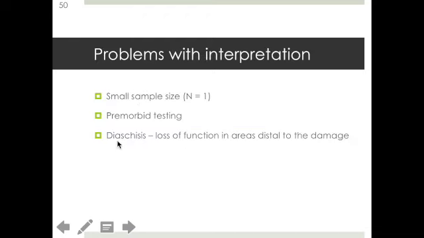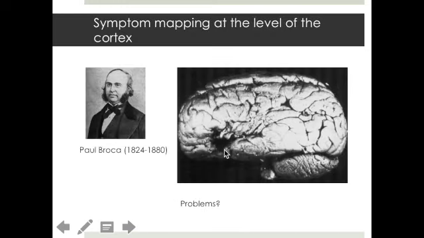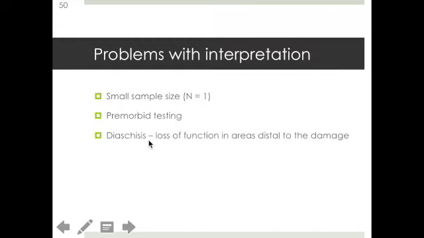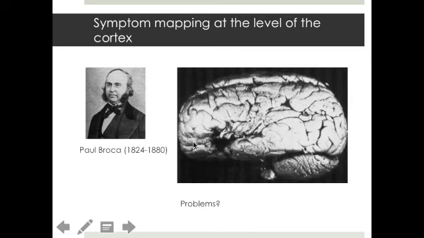And a third, maybe less obvious problem with the interpretation of this simple one-to-one mapping between symptoms and brain damage is something known as diaschisis, which is the loss of function in areas that are distal to the damage. Right? So just because this particular region of the brain is damaged and the person doesn't have a specific function doesn't mean that this region is responsible for that function.